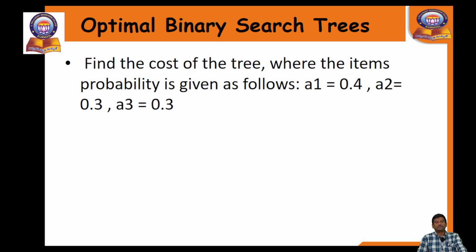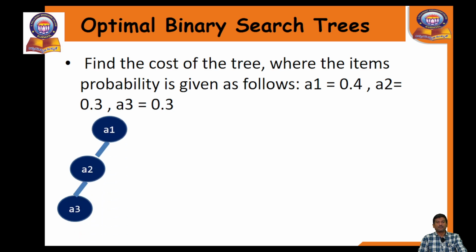So consider the same thing: find the cost of the tree where the item probabilities are given as A1 equal to 0.4, A2 equal to 0.6, and A3 equal to 0.3. In such cases, we can arrange the elements, assuming one binary search tree, as A1, A2, and similarly A3 in this order, with level 1, level 2, and level 3.